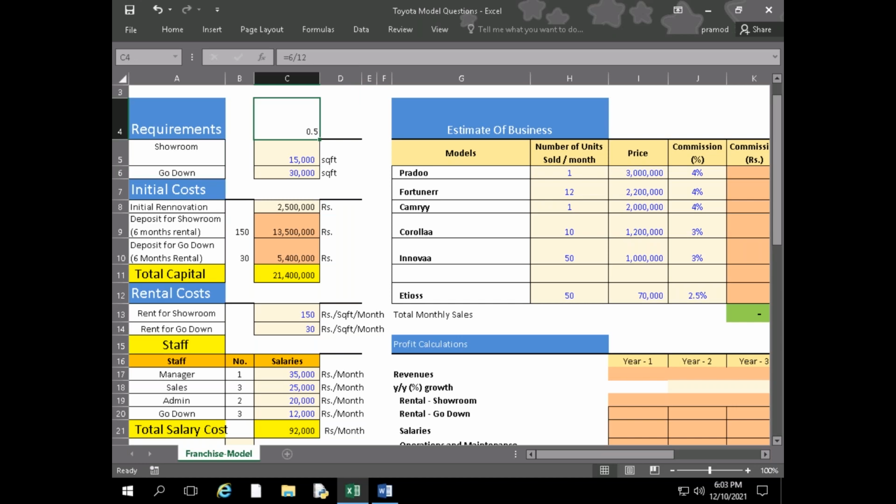You can directly multiply by 6. That 0.5 means half of that amount will be taken. So if I do equals 150 into 15,000 into 6 divided by 12, see the difference, this and this.